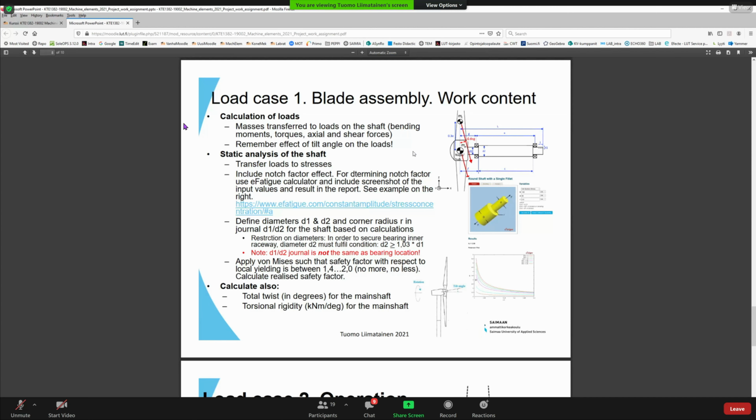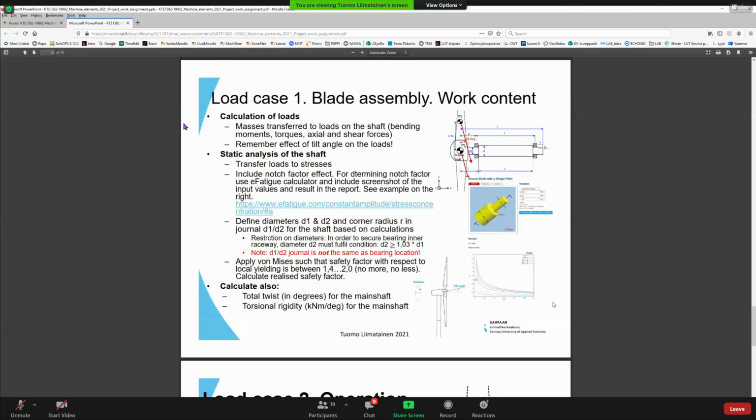And then when you have calculated these loads onto the shaft, you do the static analysis onto the shaft. You calculate the stresses. You include the notch factor. And as I explained, please use the E-fatigue calculator for determining the notch factor.